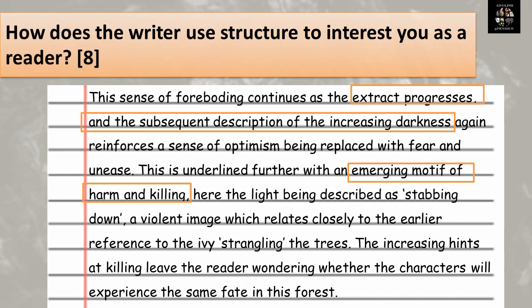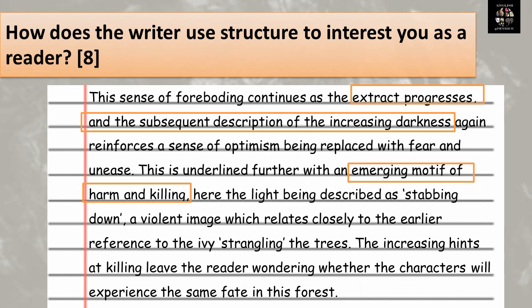This is underlined further with an emerging motif of harm and killing. Here, the light being described as stabbing down, a violent image which relates closely to the earlier reference to the ivy strangling the trees. The increasing hints at killing leave the reader wondering whether the characters will experience the same fate in this forest.